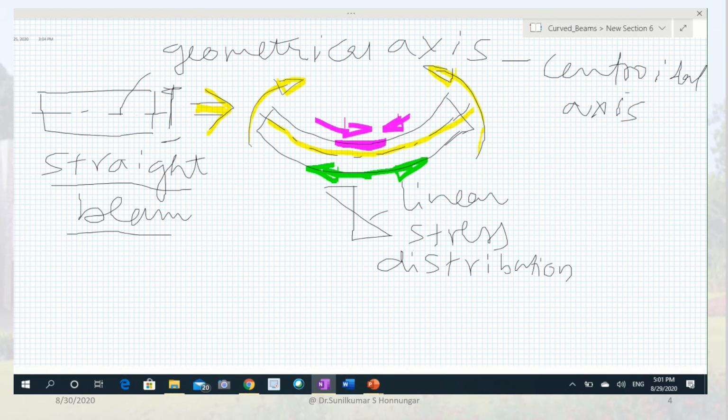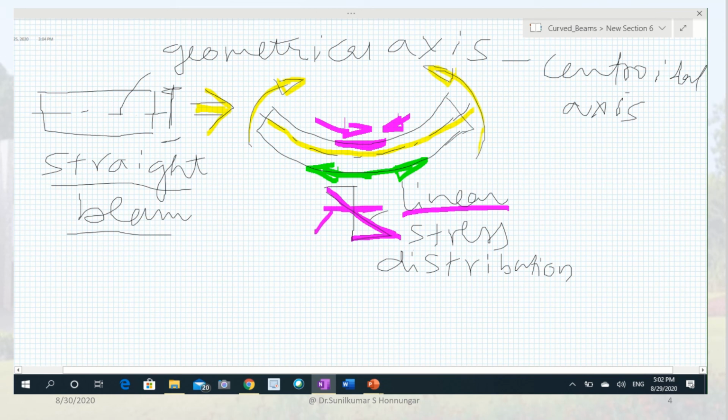One more thing he has told is that the strain, the displacement, in the final slide he shows, is linear. Linear means it varies uniformly with respect to the central axis.